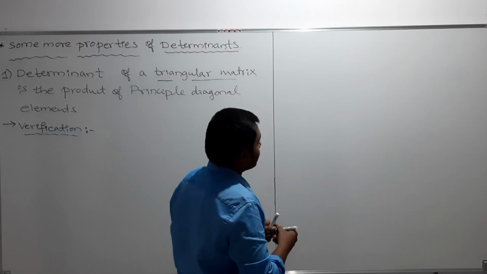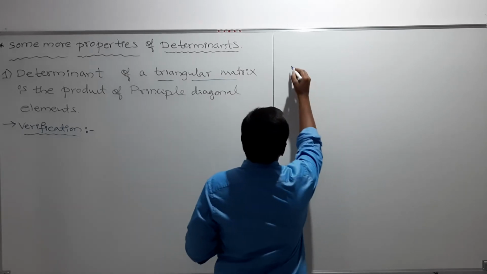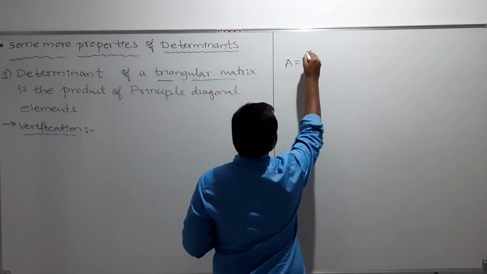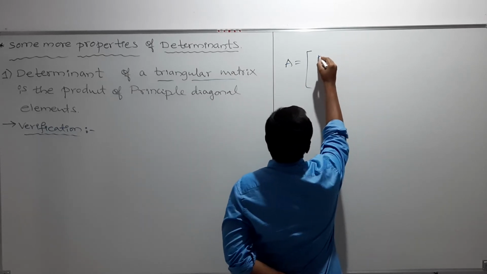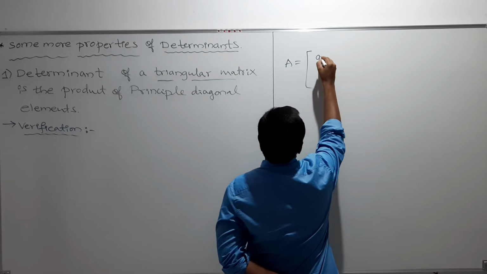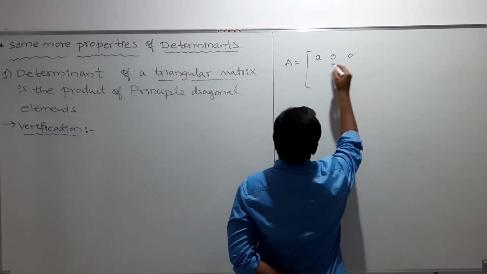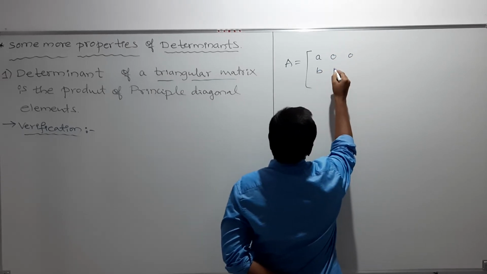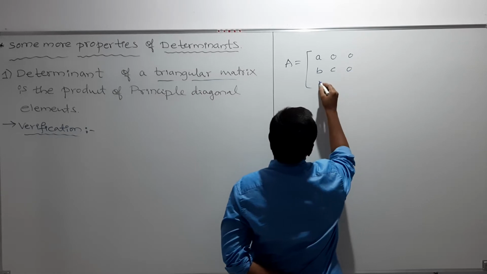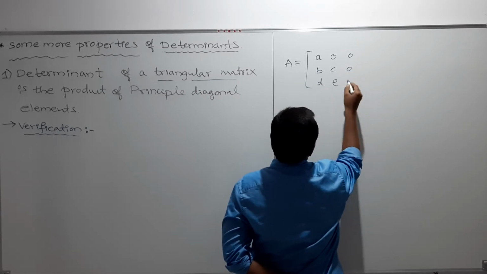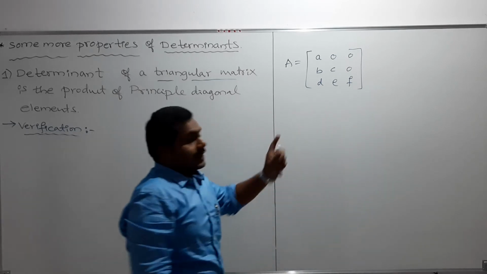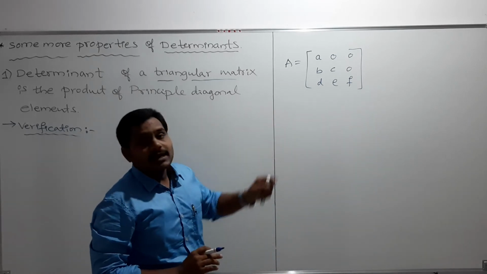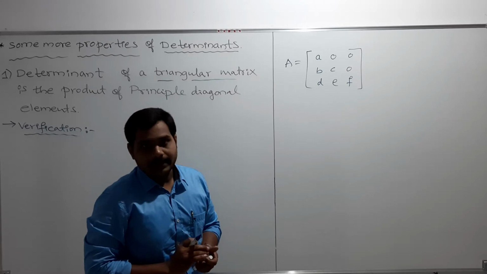Triangular matrix means, my dear students, first of all I will take one matrix as an example: A 0 0, B C 0, D E F. This is an example of a triangular matrix.